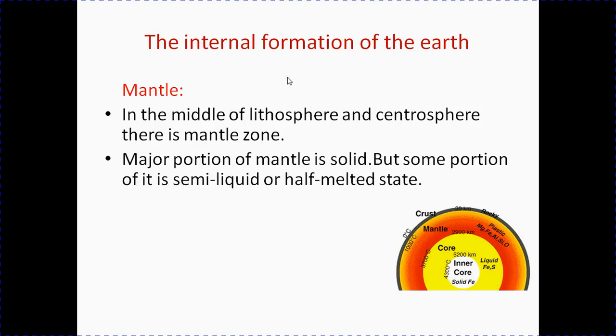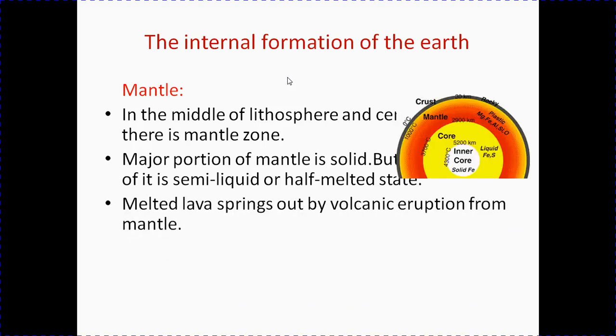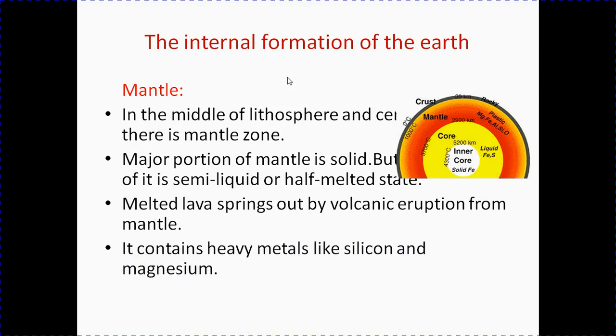Major portion of mantle is solid, but some portion of it is in a semi-liquid or half-melted state because of the high temperature of this layer. Melted lava springs out by volcanic eruption from the mantle zone. It contains heavy metals like silicon and magnesium.